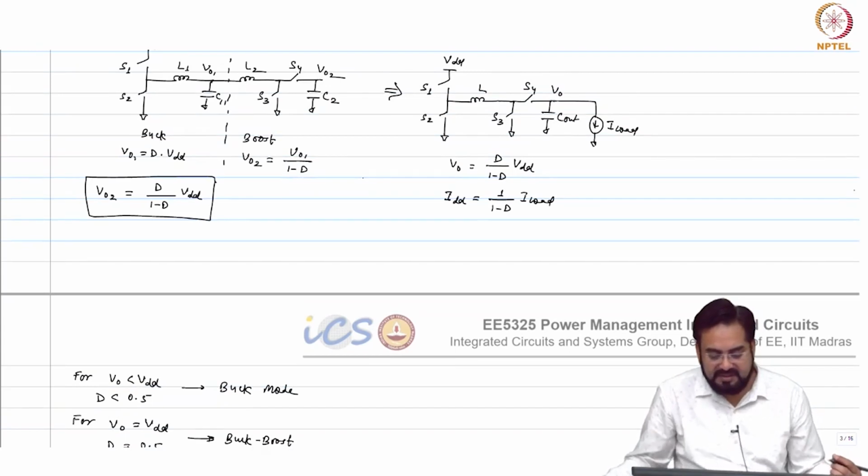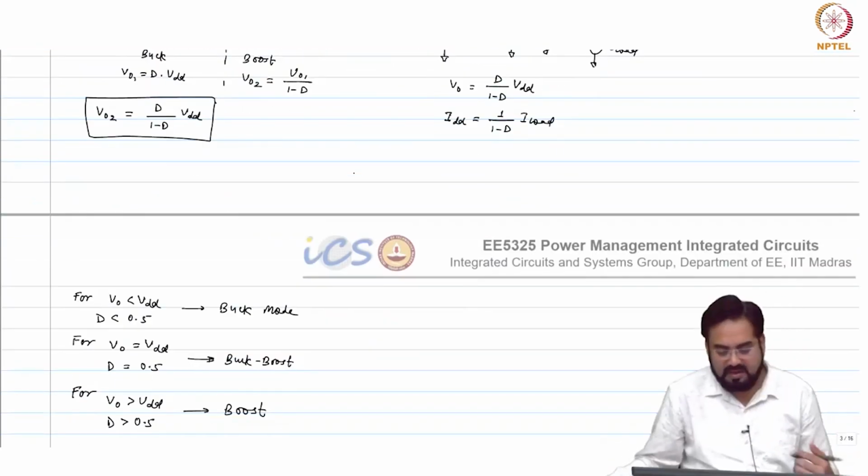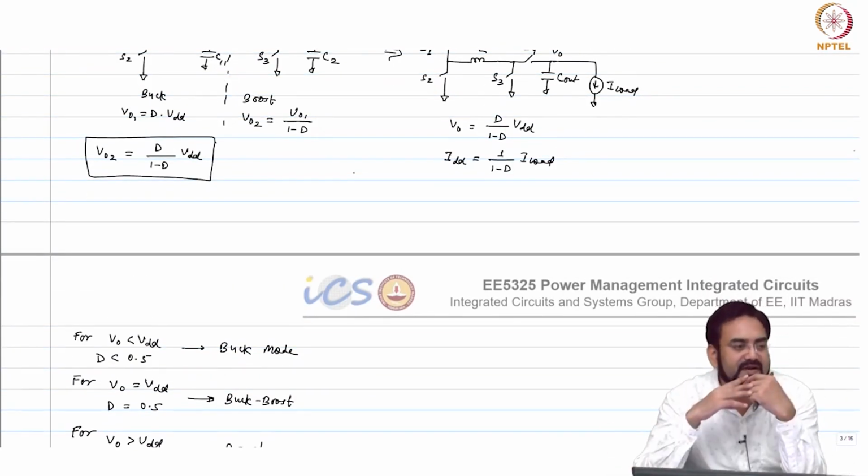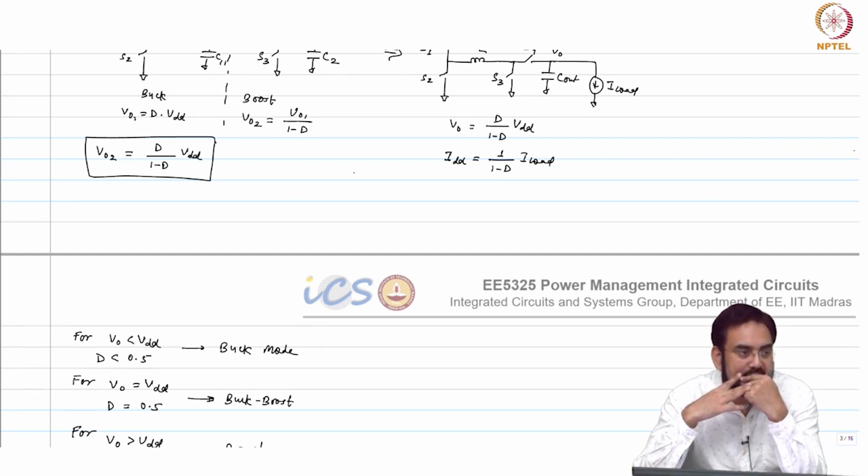So your IDD will be, think about D equal to 0.5, two times I load.